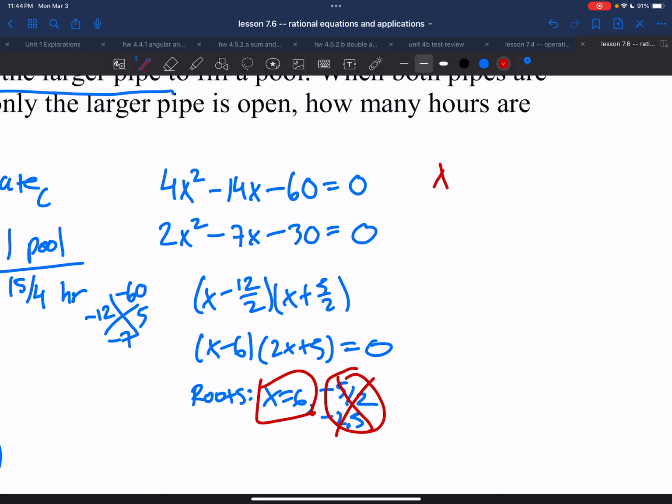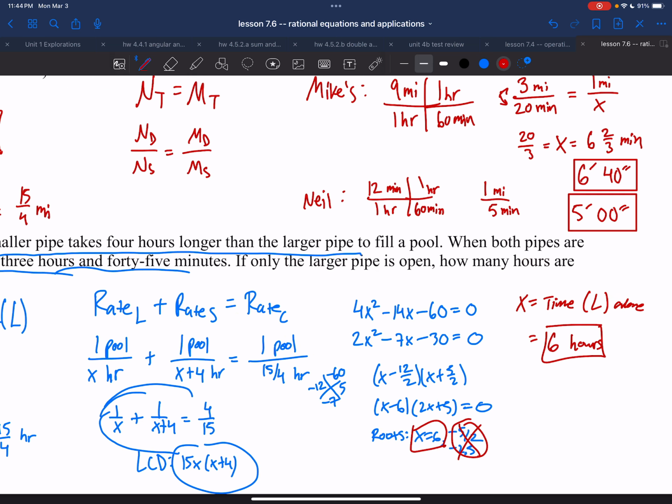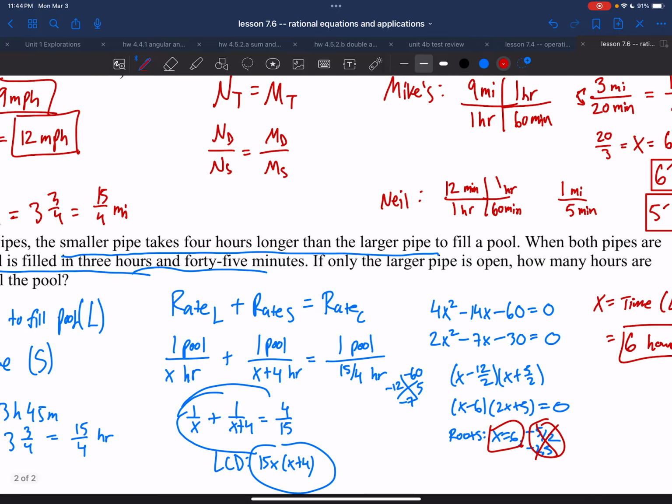X, which is the time it takes for the large pipe to fill alone, equals 6 hours. And thus we are done. Okay. And so there is our combined rates problem.